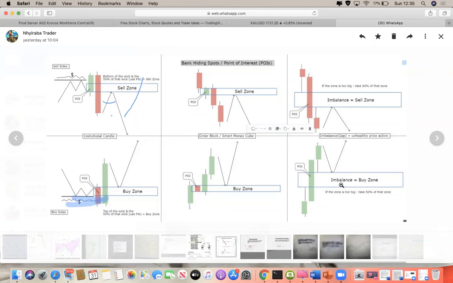Okay, so if you have an imbalance and the imbalance is too big, this is what you do. You take the 50% of the imbalance. Last week, I was watching Tim Traders. Who took the gold trade? Anybody here that took the gold trade from Tim Traders? Fabulous. This is exactly what Tim Traders did.